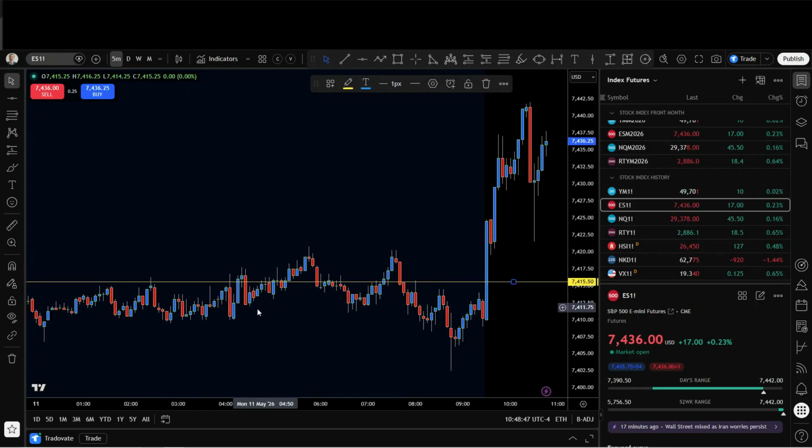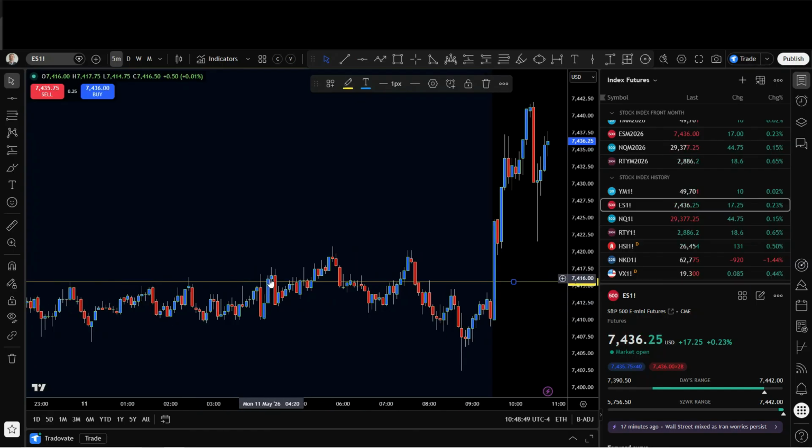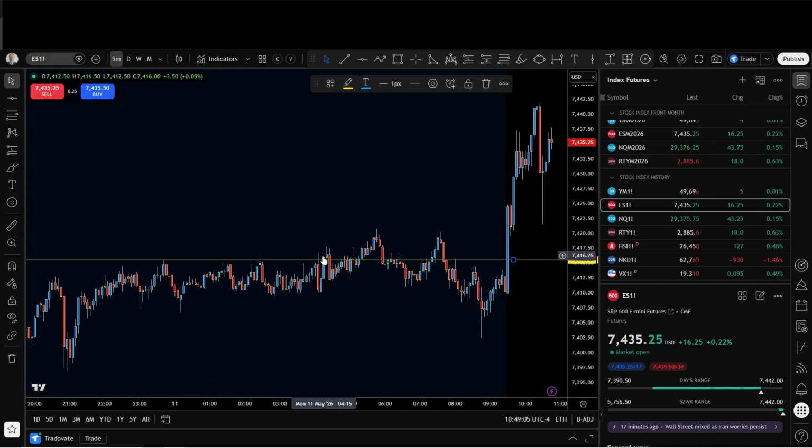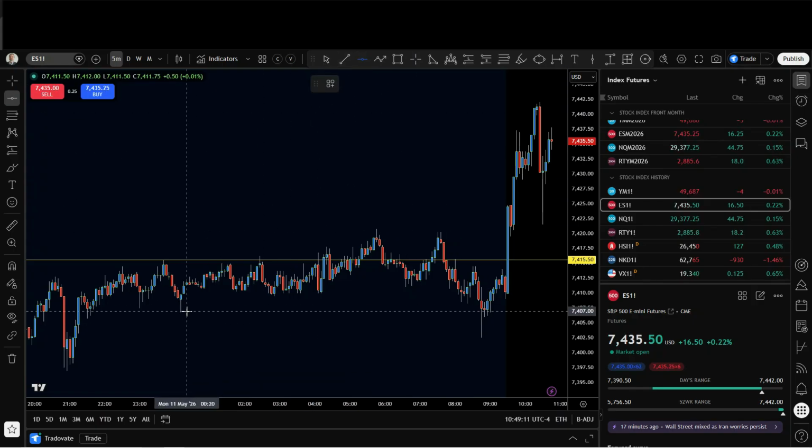But then finally, and this is why you want to watch the closing price. When you get a closing candle above resistance, that's a sign that the market usually wants to move higher. But you don't just want to buy on the closing price above resistance. What you want to do is look for the support floor, which is down here.